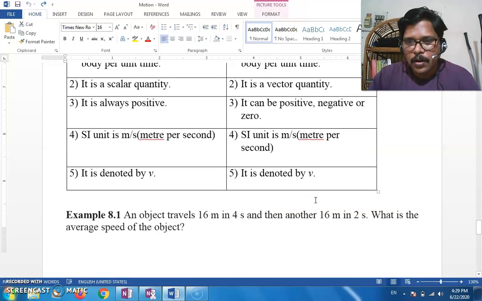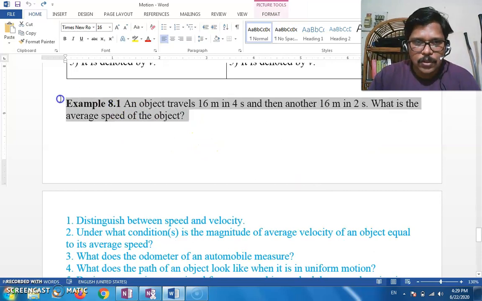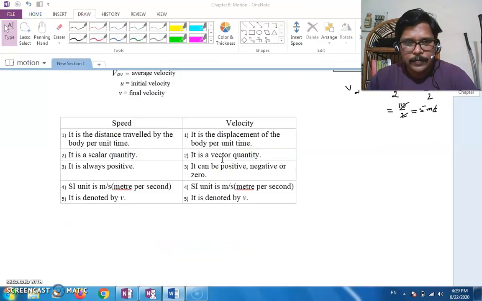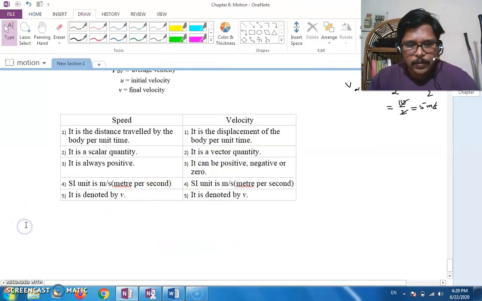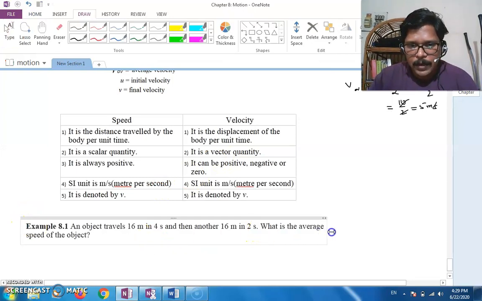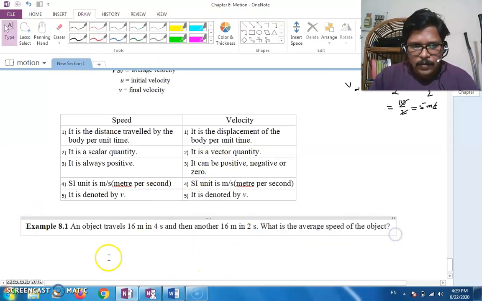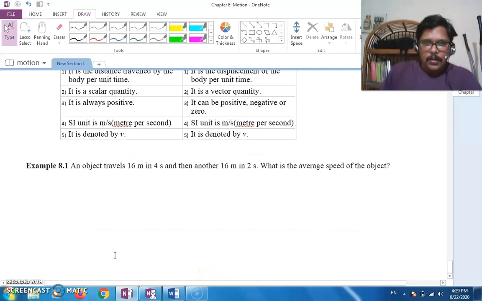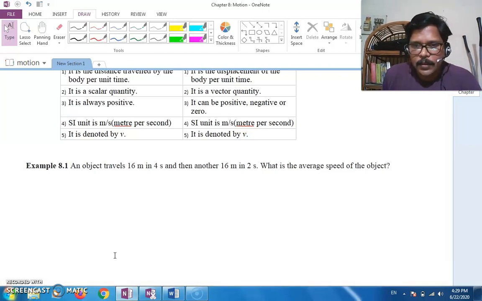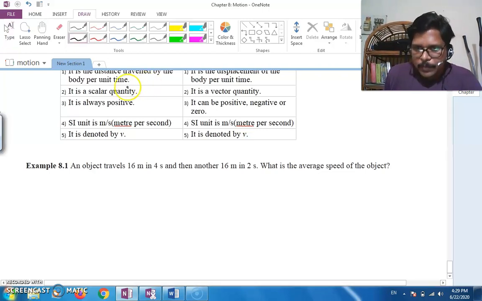Now we'll solve some numericals which are there in the textbook. You have an example here, example 8.1 from the textbook. I'm going to put the example and I will solve it very fast. An object travels 16 meter in 4 seconds, and then another 16 meter in 2 seconds. What is the average speed?